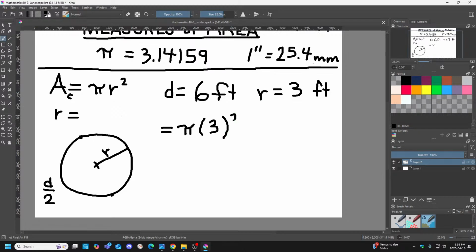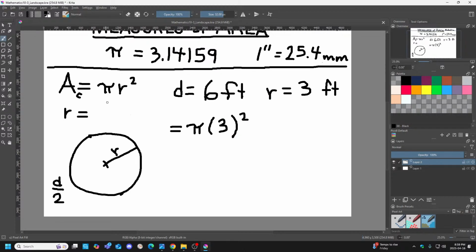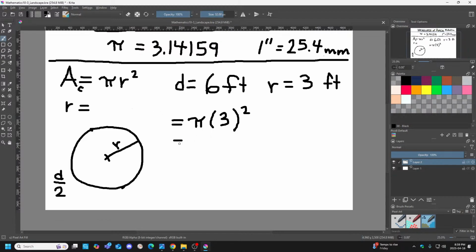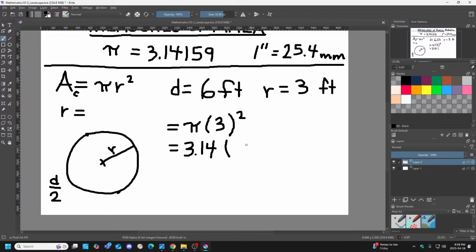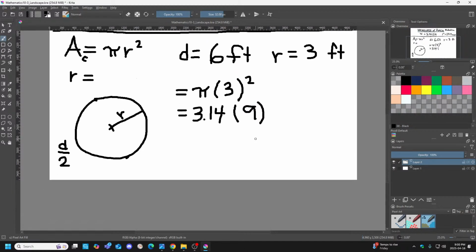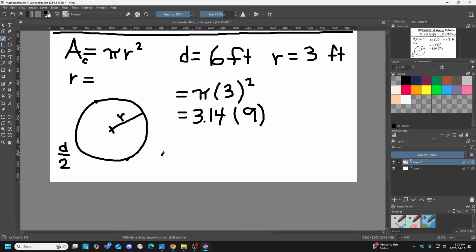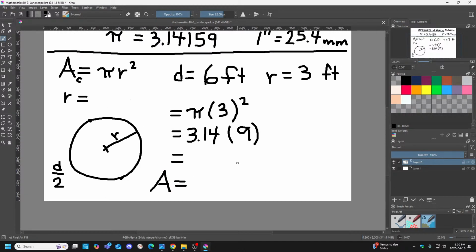And that is squared. That's equal to 3.14. You should have your times table memorized and also know that 3 squared is 9.